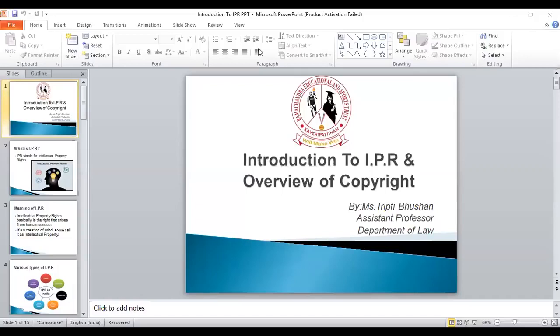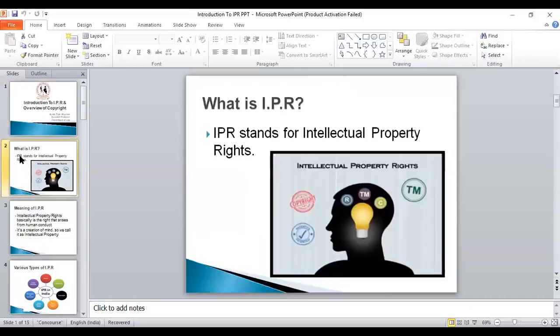So let's start. We'll see what IPR is. IPR generally stands for Intellectual Property Rights. We all know that in present times, intellect is an integral part of one's own personality. And intellect plays a very crucial role in deciding what sort of labor our body is engaged for and what sort of work our hands can take up.